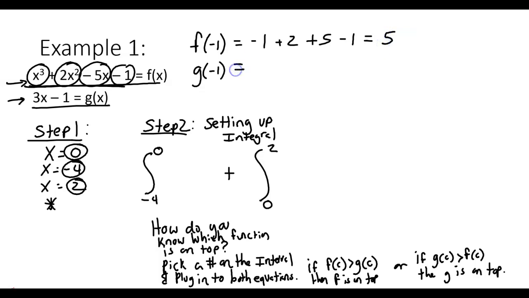Now I'm going to plug -1 into the g function. If I do that, I'm going to get -3 minus 1, which is -4. And as you can see, the f function wins. It's taller, it's bigger. So therefore, the f function is on top.